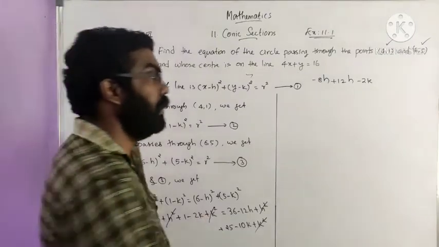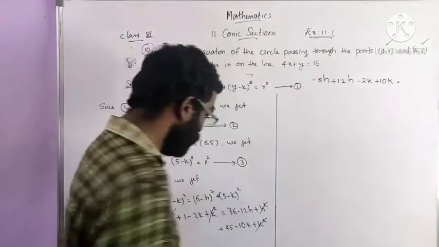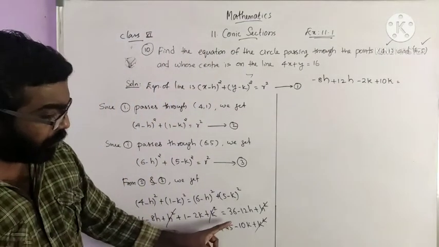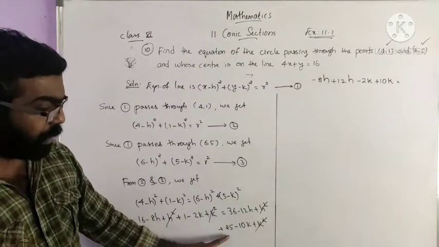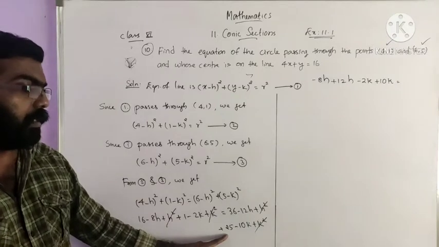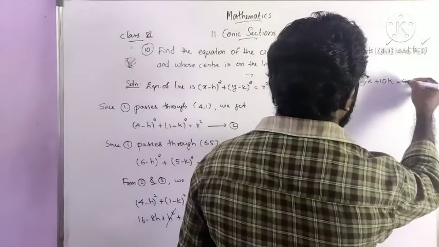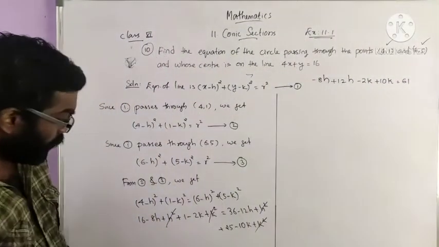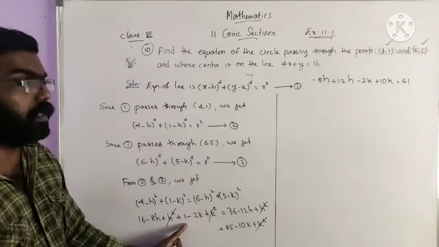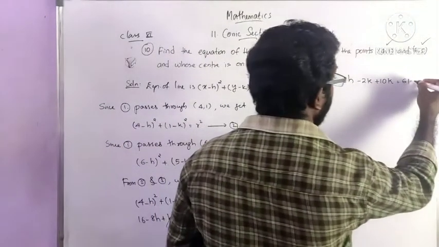We can take to left side plus 10k, which is equal to, right side the numbers are 36 then plus 25, and 36 plus 25 is what? 61. Then here it is 16 plus 1. 16 plus 1 is 17. We can take to right side minus 17.